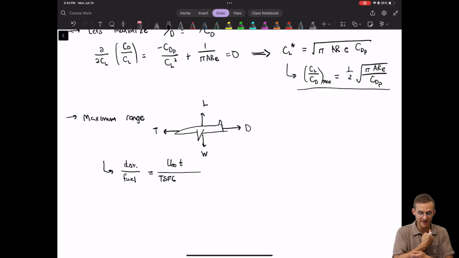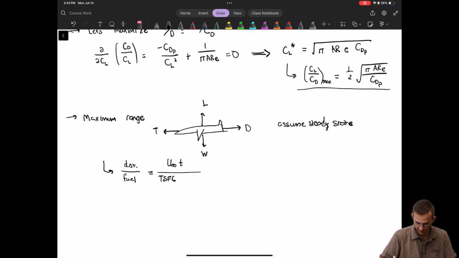But we're going to multiply it by D because we know that D is equal to T. So we're at steady state. Assume steady state, so we're cruising, right? So thrust specific fuel consumption times D would be equal to m dot f times our time. That's going to give our total distance used divided by our total fuel used. That's what this whole quantity is here.